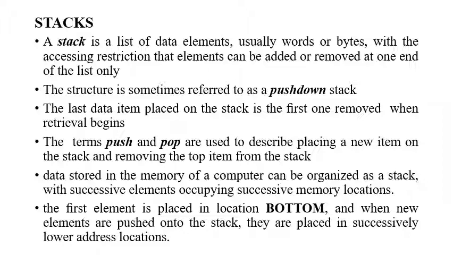These stacks are usually referred to as the push down stack. That means, for example, in a particular memory location we assume that there is a stack. Push down stack indicates that when you want to store a particular data into memory, let us assume that data 1 is pushed to this location.